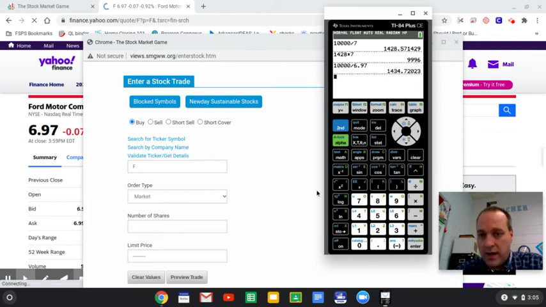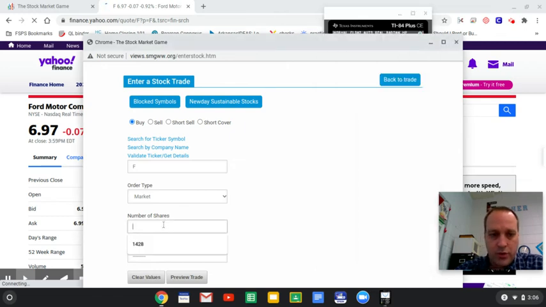If I take 1,434 and multiply that by 6.97, you can see that it's going to get really close to 10,000, but not quite, 9,994. Okay, so down here for the number of shares, I would put 1,434.